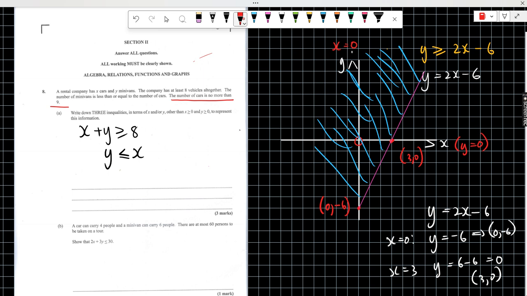So no more than means at most, and in terms of an inequality symbol, that is less than or equal to. So the number of cars is no more than 9, and therefore our third inequality is X is less than or equal to 9. Right? So there are our 3 inequalities. Good?